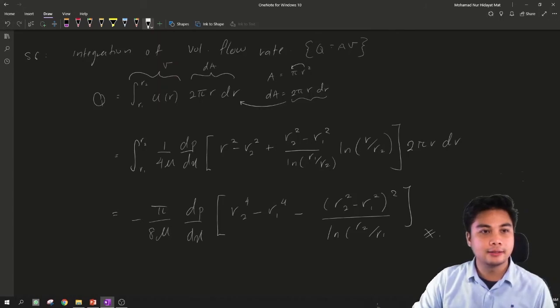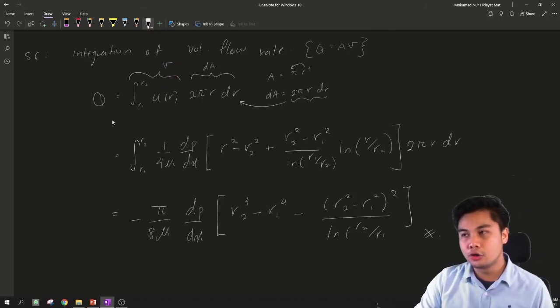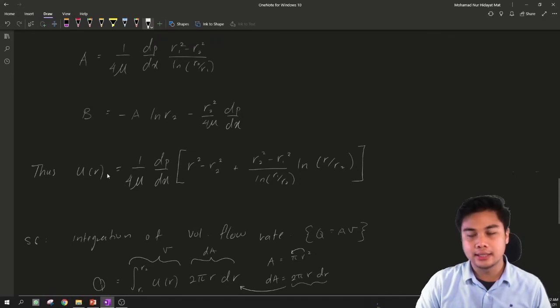Therefore, that is the final answer for the volume flow rate as well as the velocity profile.